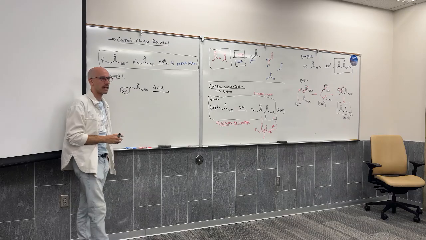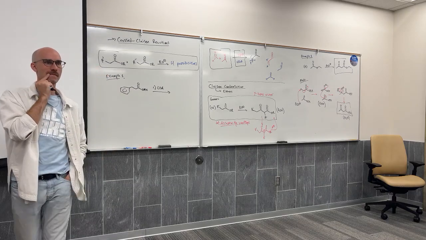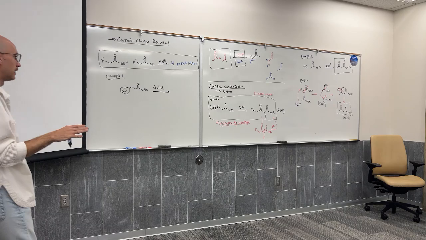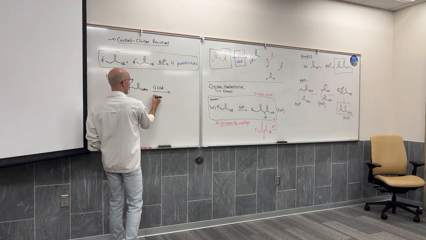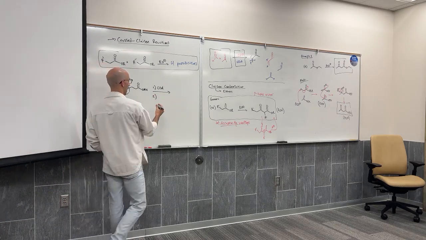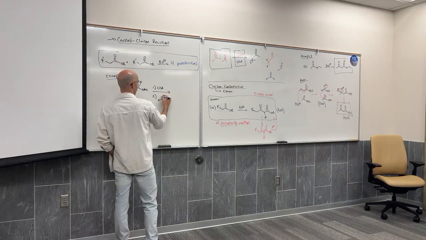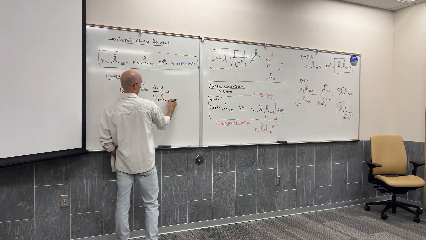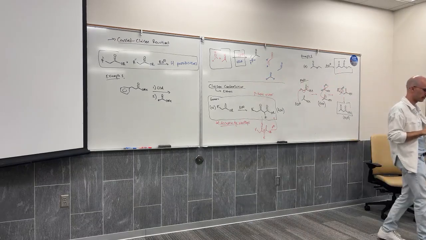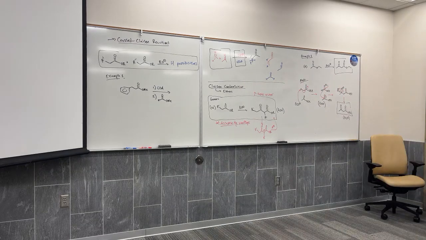First, react it with LDA. That takes every molecule of ester and turns it into an enolate. Then, introduce whatever other ester you want to add. I want to add methyl formate, just for this example, because I think formate is cool.